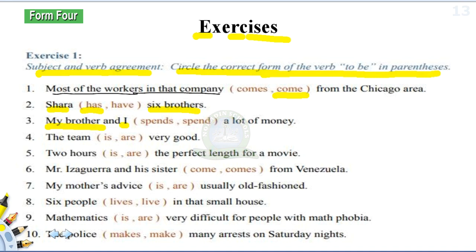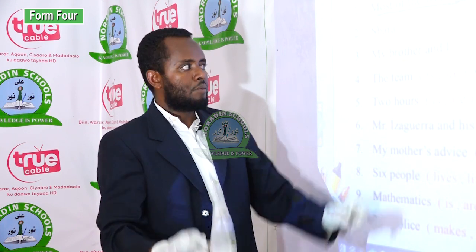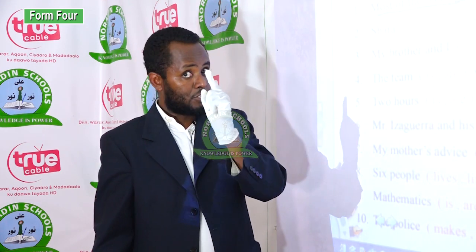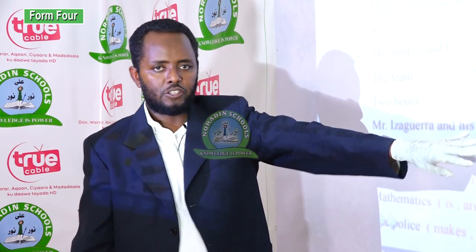Remember our first lesson. Spend or spends a lot of money. Which one is correct? Spend is correct because of my brother and I. I am advising you, please take my advice: do not say I and my brother, that's a wrong sentence.